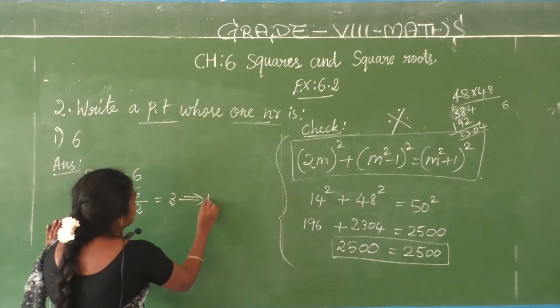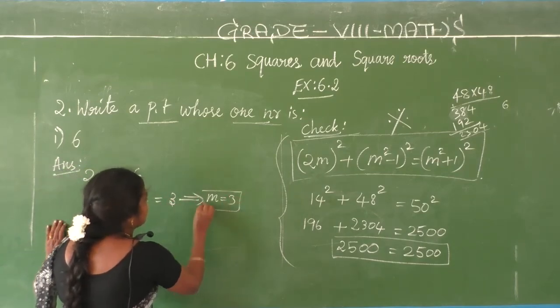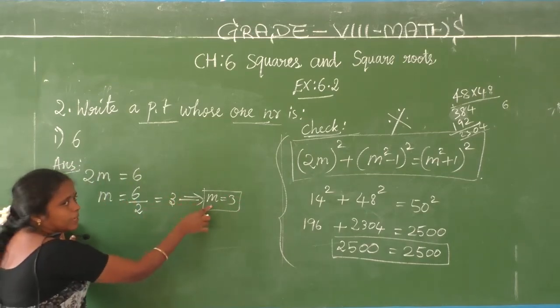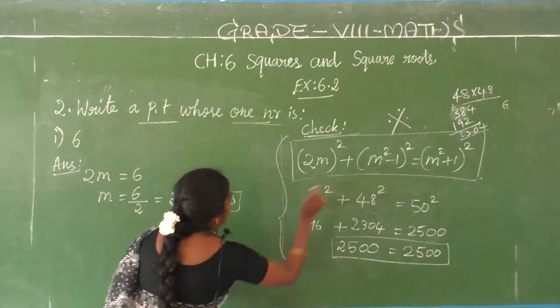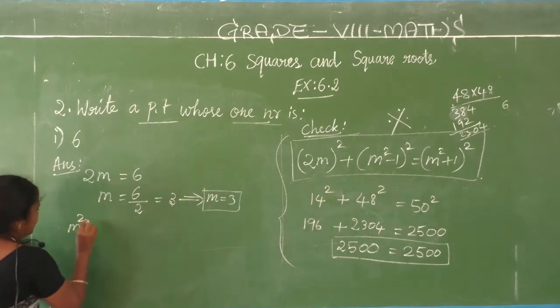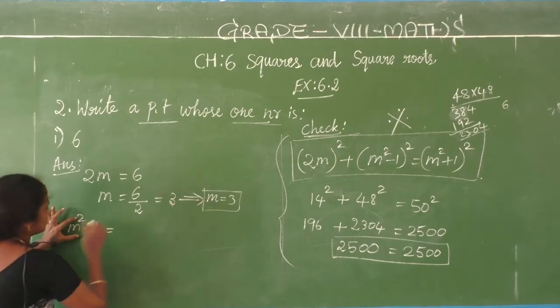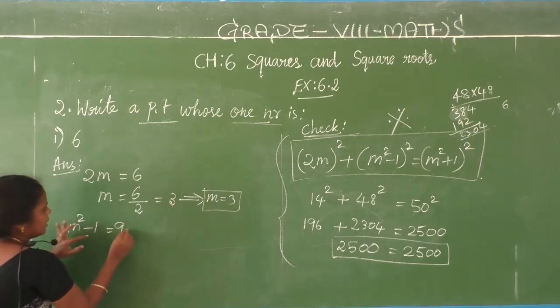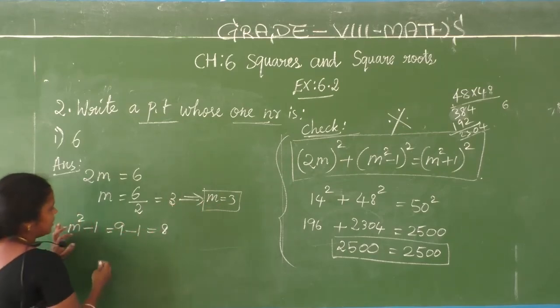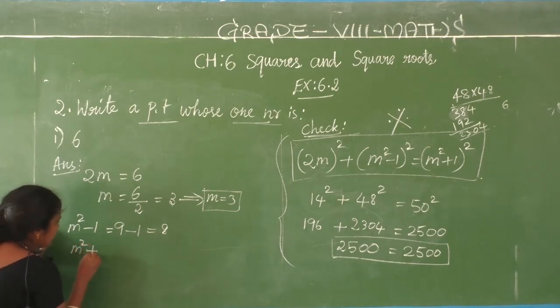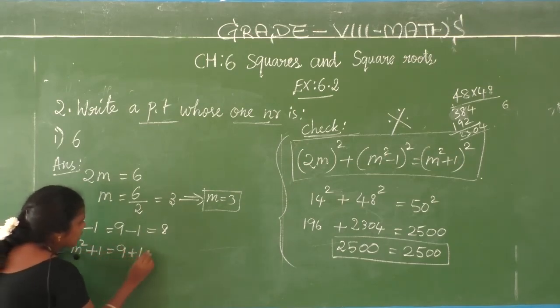So the m value here is 3. With the help of m, we can find m square minus 1. M is 3, so m square is 9. 9 minus 1 is 8. M square plus 1: 9 plus 1 is 10.